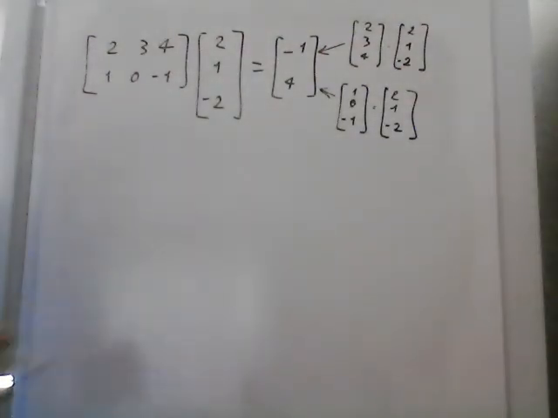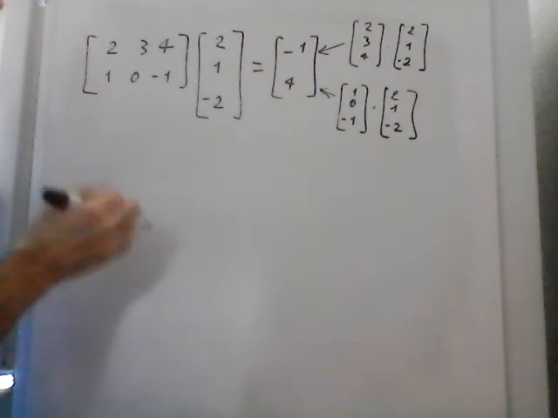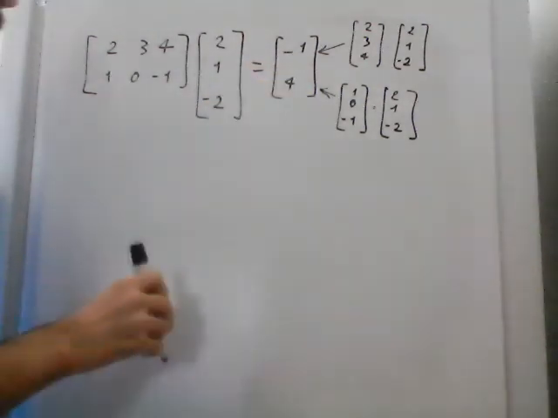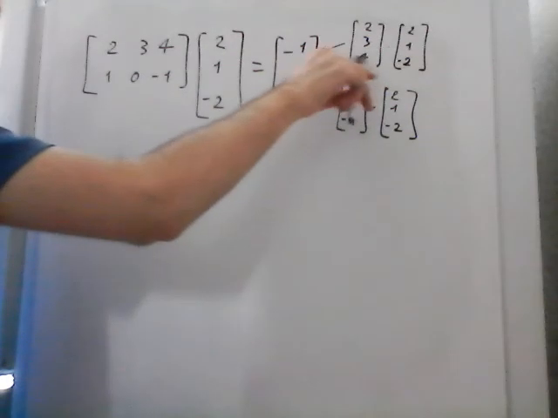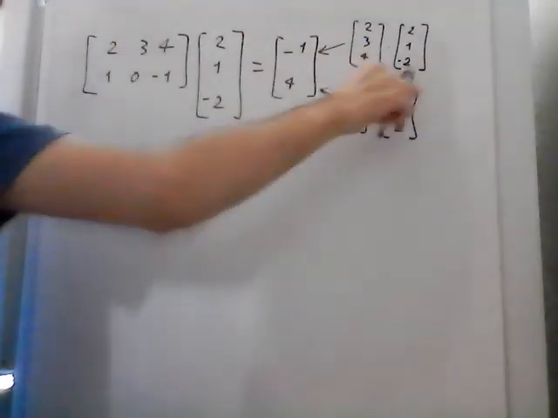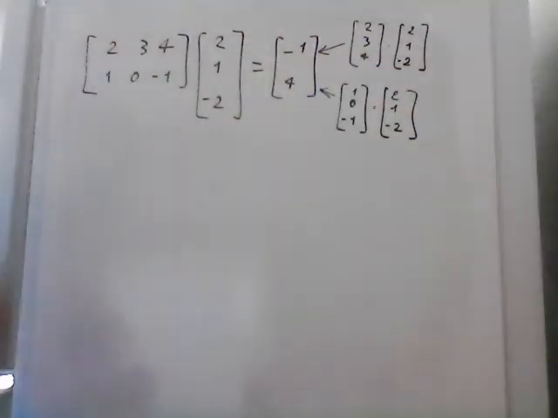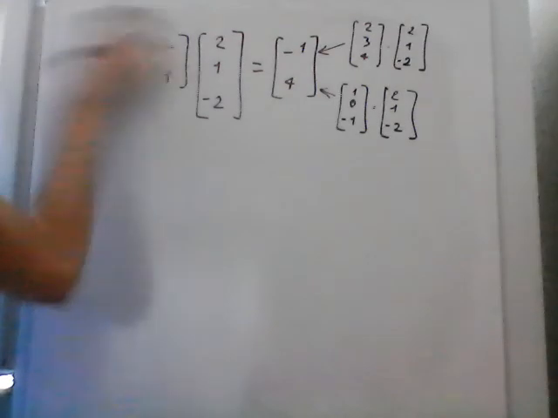Okay, so this is another way of thinking about products of matrices and vectors. The components of the resulting vector are the dot products of the rows of the matrix and the column vector.